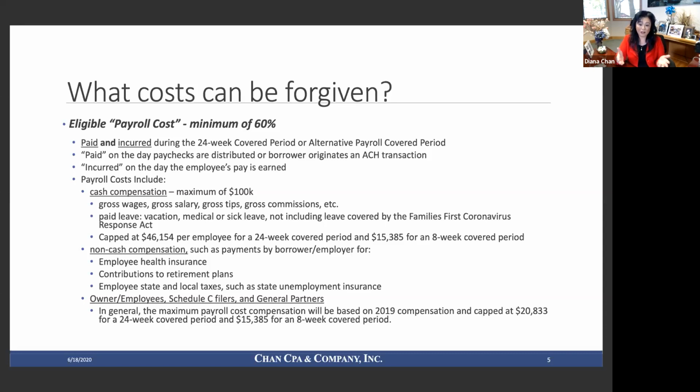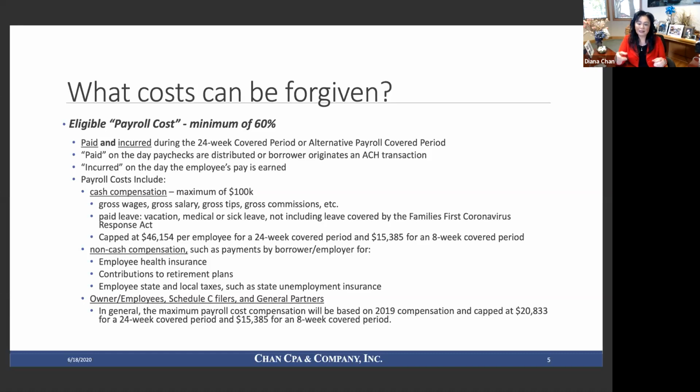Because of that, we know you are also an employee of that corporation. Well, the limitation has always been $100,000 of last year's payroll. So for owner employees, they have a specific criteria.